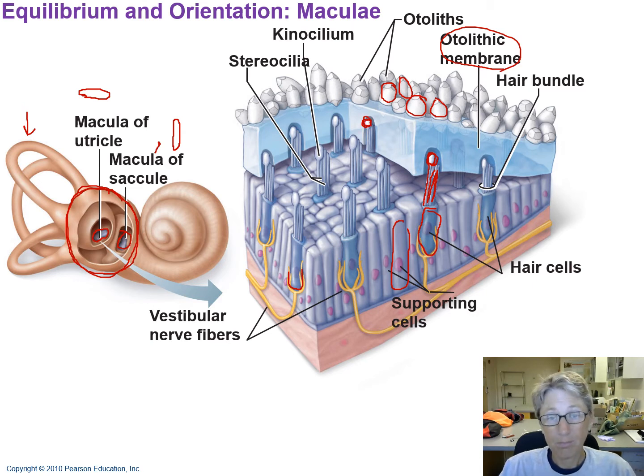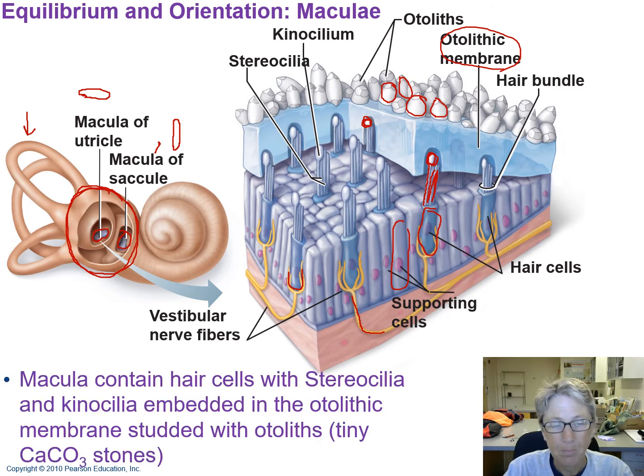Then you get a whole bunch of cool biochemistry, and a graded potential will be turned into an action potential in the nerve fiber or axon of the vestibular nerve. Okay, yeah, calcium carbonate stones.